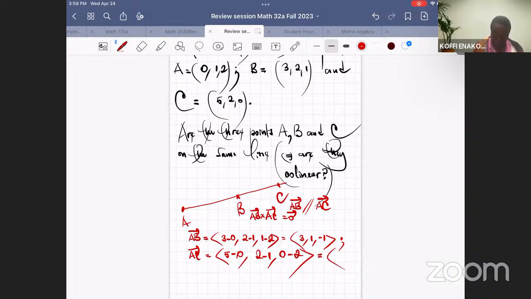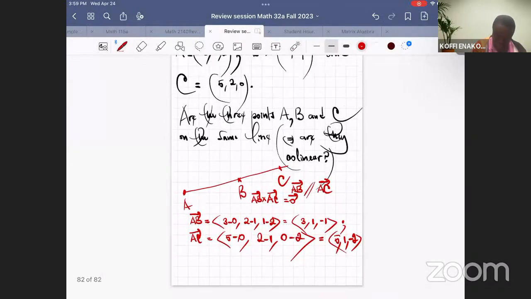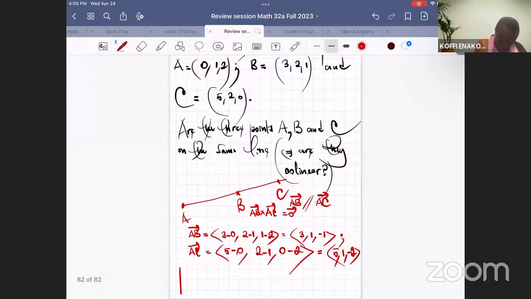With that, we have the components 5, 1, and negative 2. So overall, the cross product AB with AC is 3, 1, negative 1 crossed with 5, 1, negative 2.